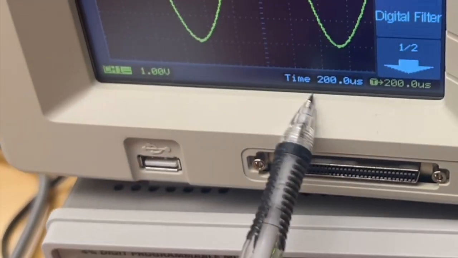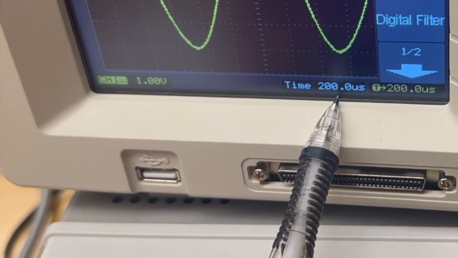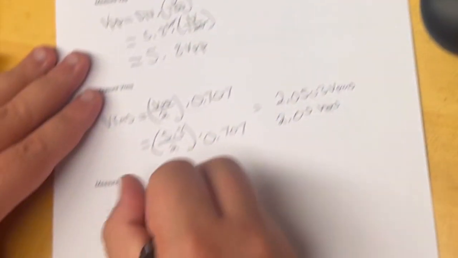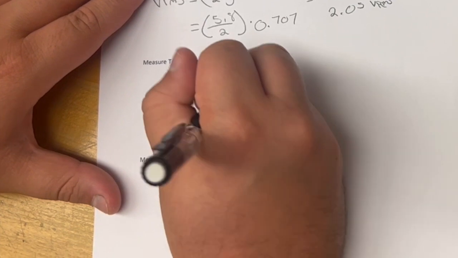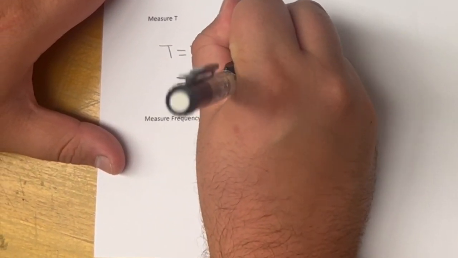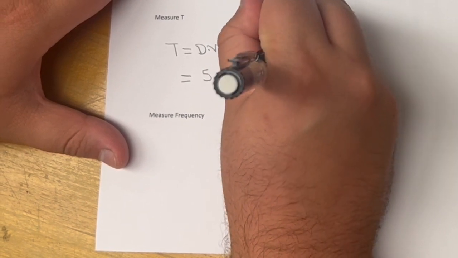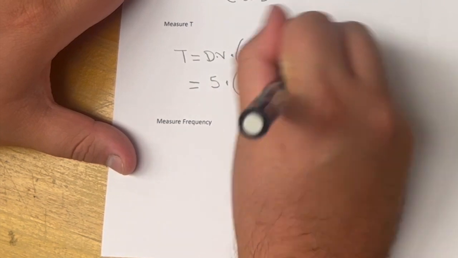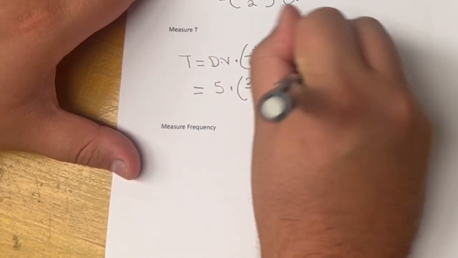Our oscilloscope was scaled at 200 microseconds. We're going to type it out the long way, as 200 times 10 to the negative 6 seconds over 1 divot.